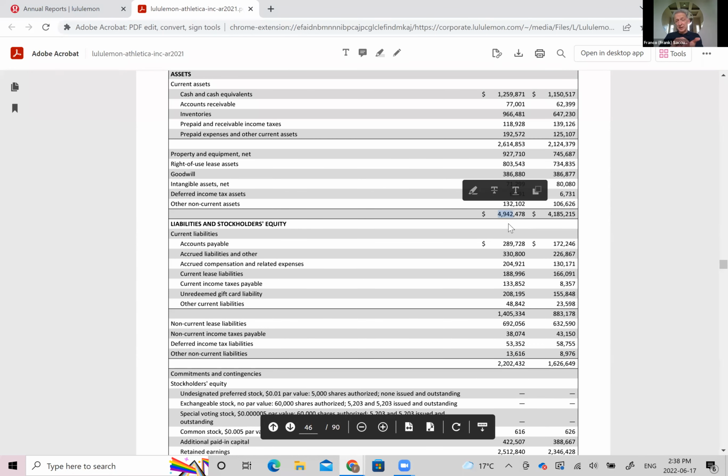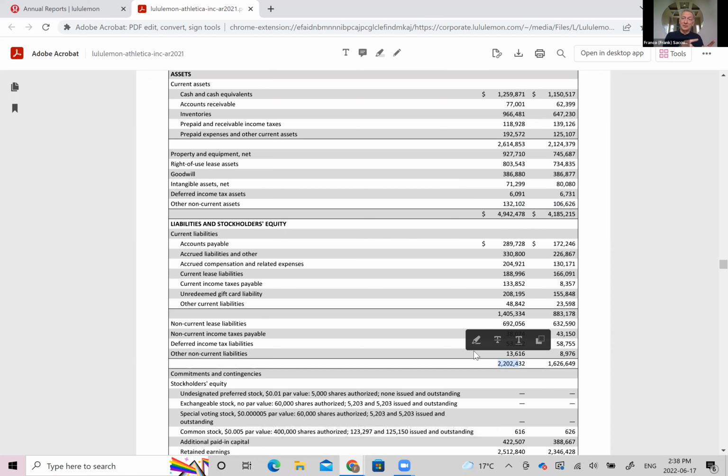On my calculator, I'll get a series of digits and I multiply by 100 and I'll get about 44.5%, which basically tells me that for every dollar that Lululemon has, about 45 cents of that dollar came from debt. If 45 cents came from debt, then 55 cents must be from equity because they have to equal 100%. So 45% came from debt.